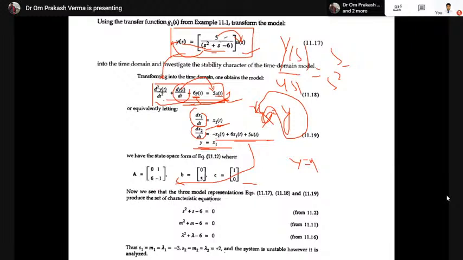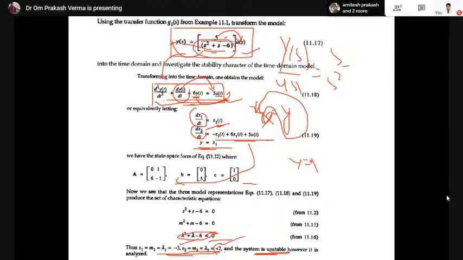Now see the characteristic equation: s square plus s minus 6. Find the eigenvalues, as the eigenvalues are the same as the characteristic equation poles. When you find the eigenvalues, you can calculate the values: one is positive and one is negative.